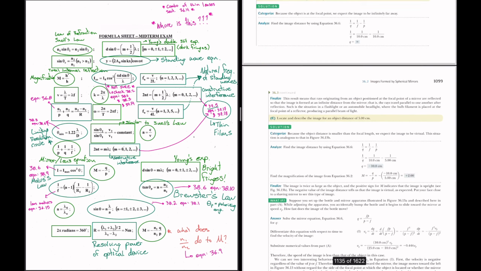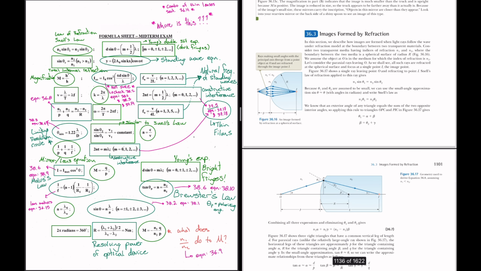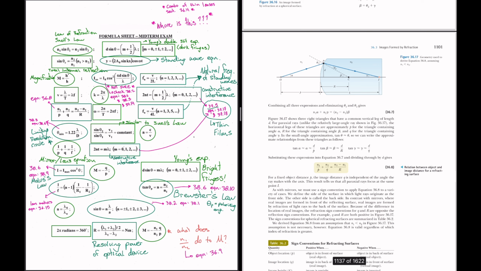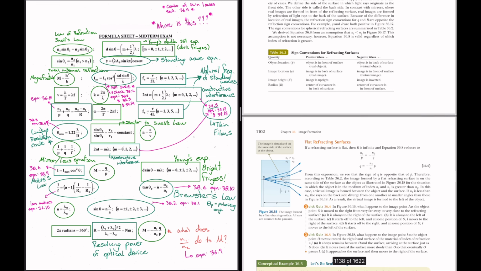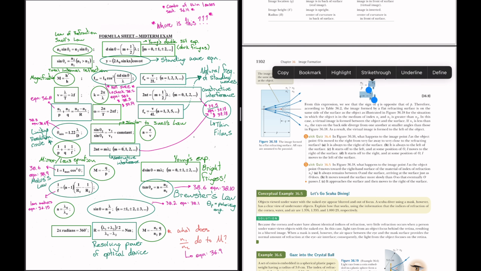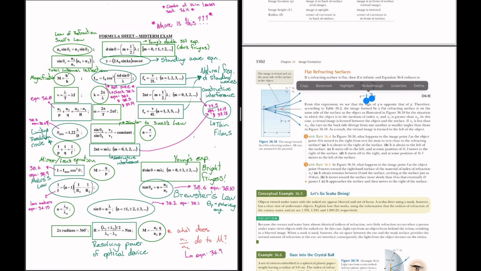36.9 is the first section on refraction. You could see over here, images formed by refraction, and you can see over here, flat refracting surfaces, and they actually do some kind of derivation and they get this equation here. So q is equal to negative n2 over n1 p.